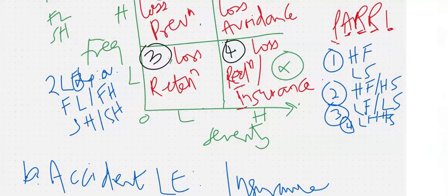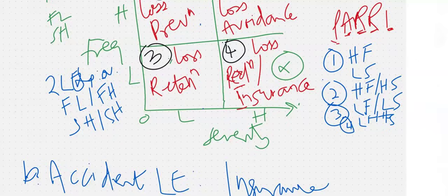Then when it comes to the technique, you go and choose loss retention. It's wrong. Because now the examiner wouldn't know what you are trying to mean. You said this is the evaluation. Use these tools to evaluate the loss exposure. Now you come to the technique. This should be the corresponding technique. But rather you go and choose a different technique with different evaluations. I hope you get it.